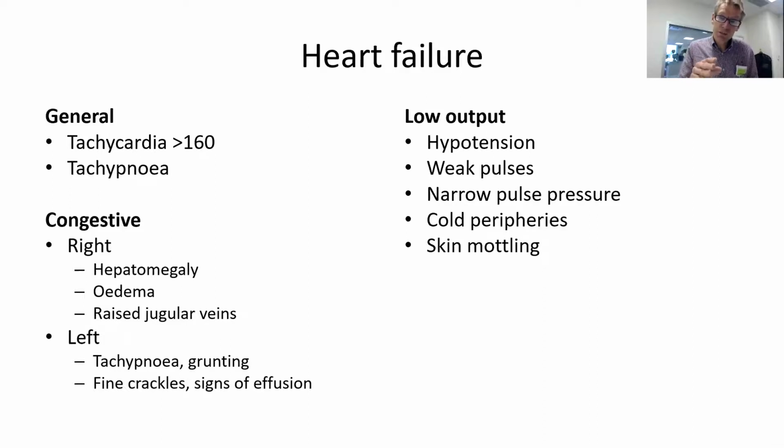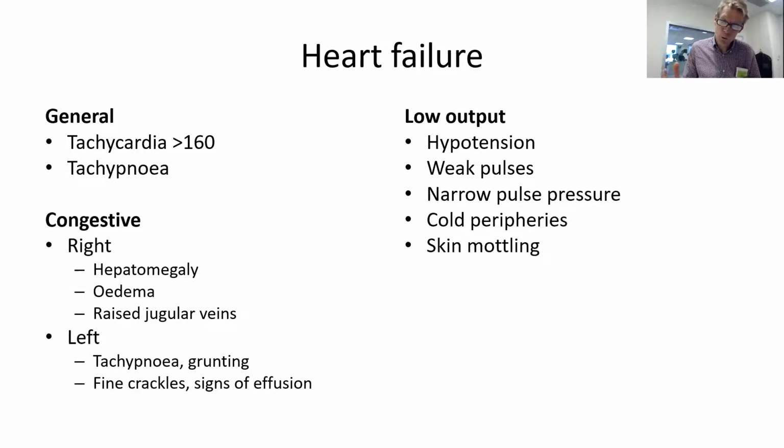And for some children, when they first develop signs of heart failure, they might just have hepatomegaly and tachycardia, but if it progresses, they'll have hepatomegaly and tachycardia and crackles in their lungs and tachypnea and grunting, and then if it progresses even further, they'll have low volume pulses and cold peripheries and skin mottling.